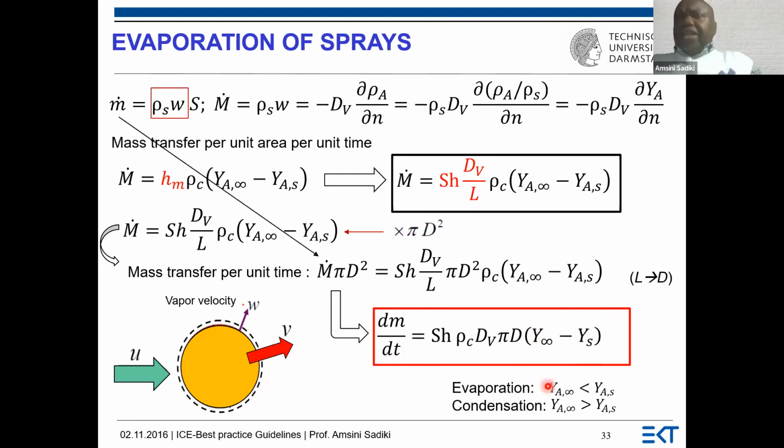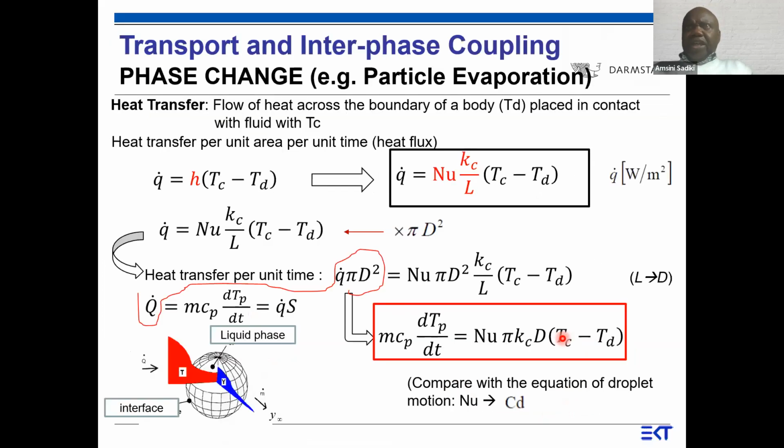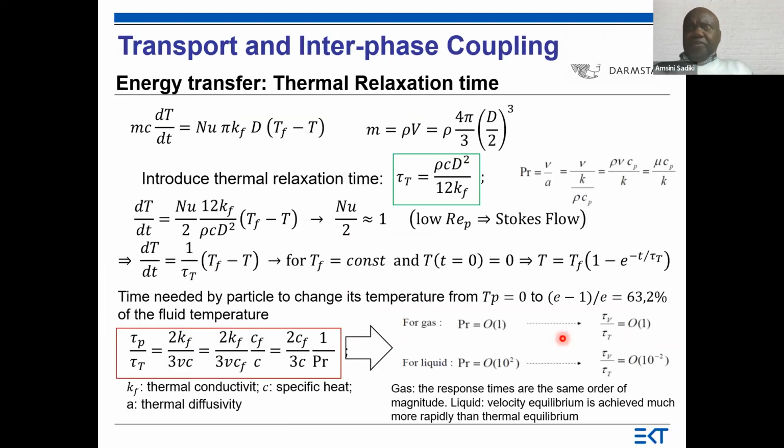If this quantity is small compared to this one, we have evaporation, and if it is larger than this one, we have condensation. That is what we did in the previous lecture.